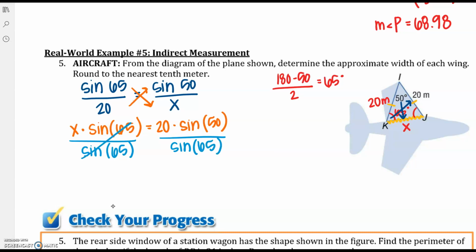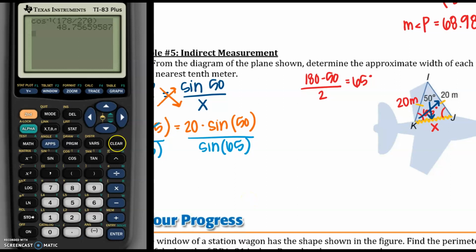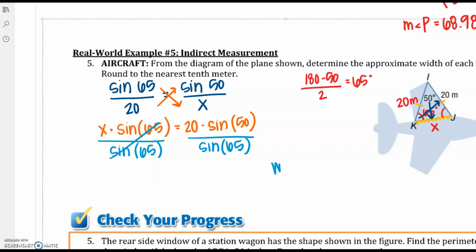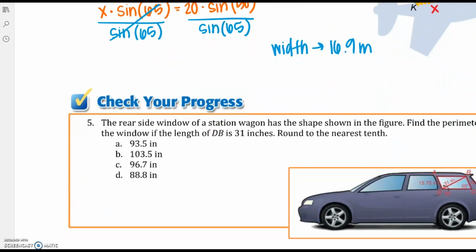So just as a reminder, putting that in your calculator, I do two different steps. I do 20 times the sine of 50. I always push enter, and then I divide it by the sine of 65, just so my order of operations doesn't get mixed up. All right, so the width of my wingspan is 16.9 meters.